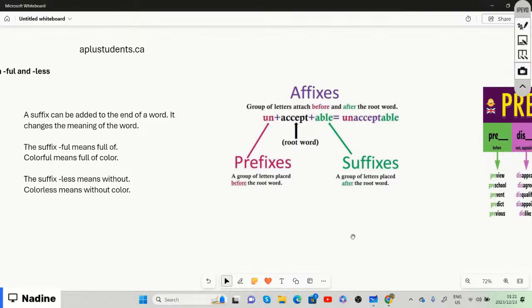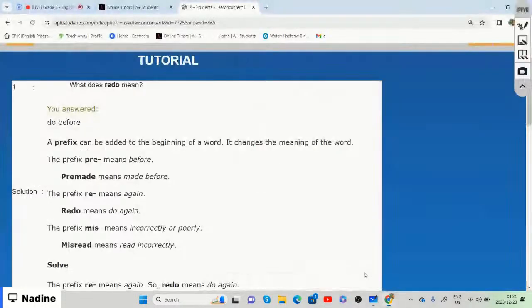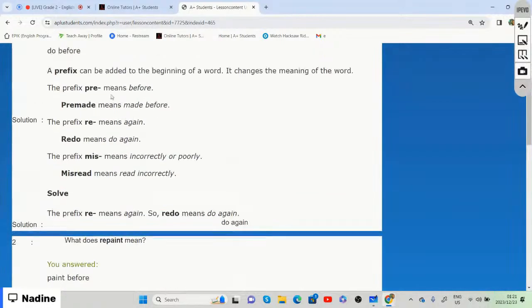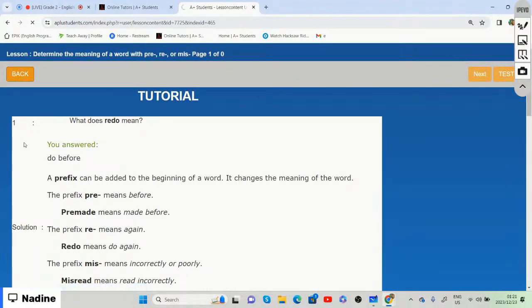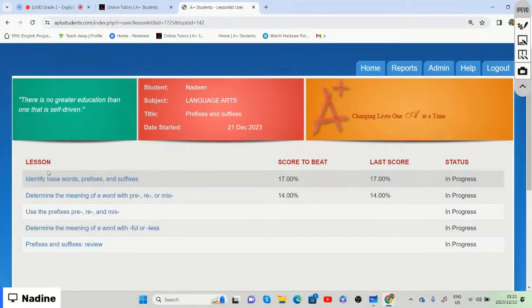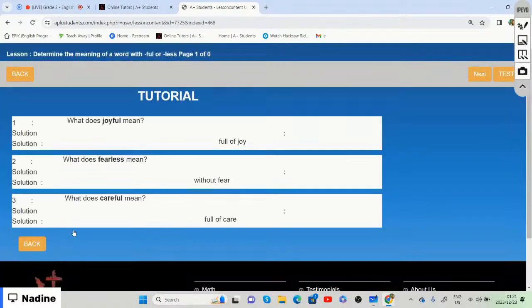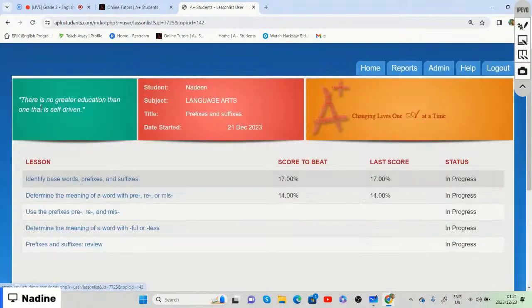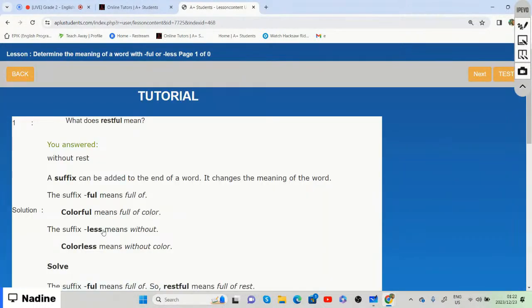All right, so now we're going to a+students.ca, and we're going to determine the meaning of the word with full or less. And we said the suffix full means full of, and the suffix less means without.